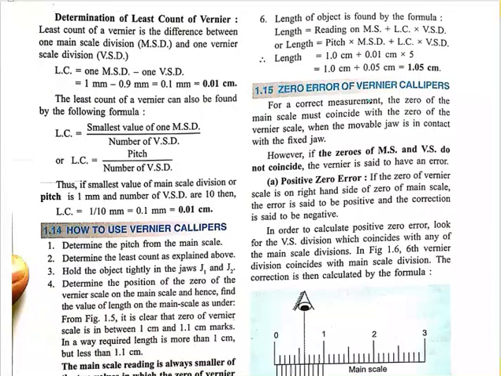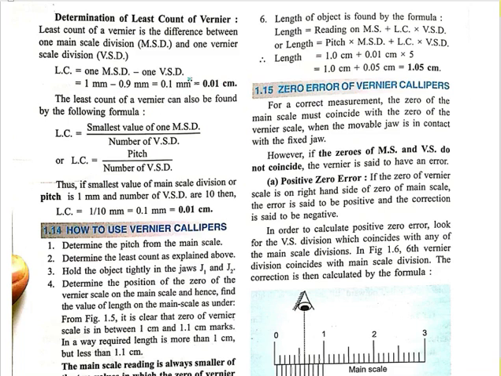Now how will we calculate the least count of a vernier calipers? Least count of a vernier calipers is the difference between one main scale division, one MSD, and one vernier scale division, that is one VSD. So least count LC will be: one main scale division is 1 millimeter and one vernier scale division is 0.9 millimeter. We have already discussed that.